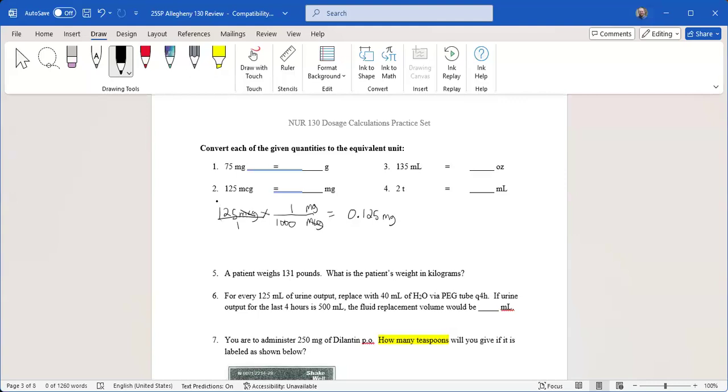I'm mentioning that because that is a common error, in the 110, the 130, 220, 230, and 240 tests: rounding the basic simple conversions. Don't round those. Even this one, when I do this final answer, you're going to hate this: 0.075 grams.